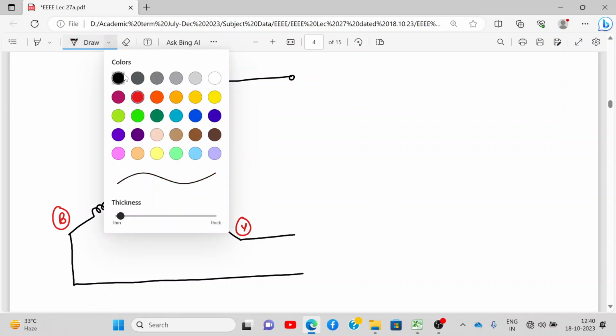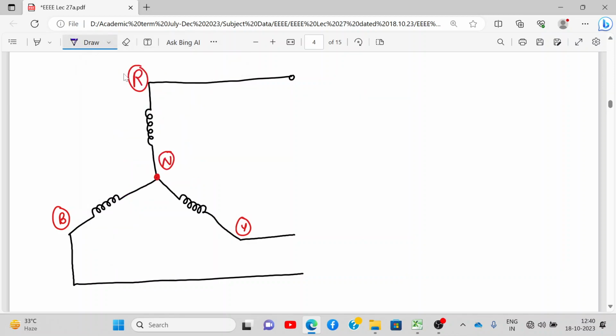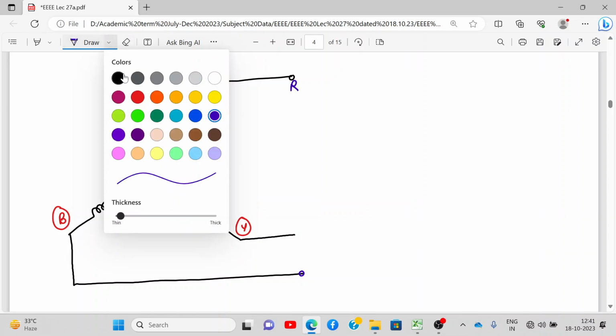See here, same way. Star connected load, I'm marking in blue color. So you will take the connections from here itself. What are these? R. This is... okay. What we do over here is we connect B first and then we connect Y. So Y will come a little down.